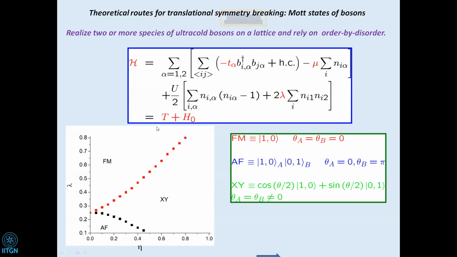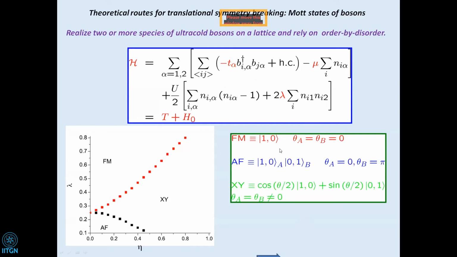If you take this and look at the Mott phases, because there are two species now, you could have an antiferromagnetic state, which means you have species A sitting on one sublattice and species B sitting on the second sublattice. So it's like an up-down system.